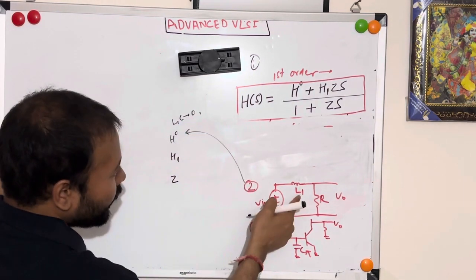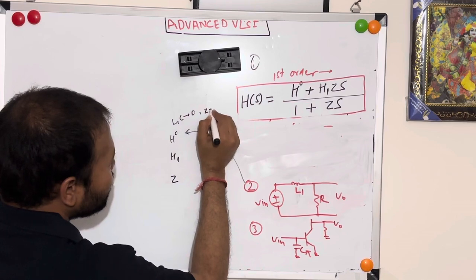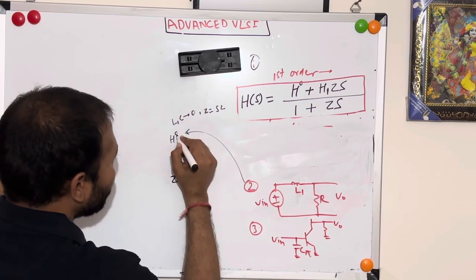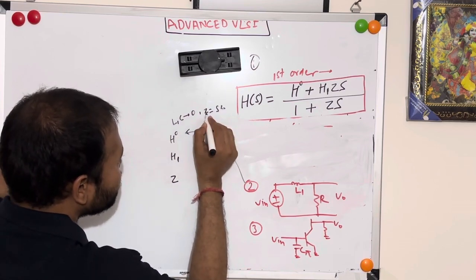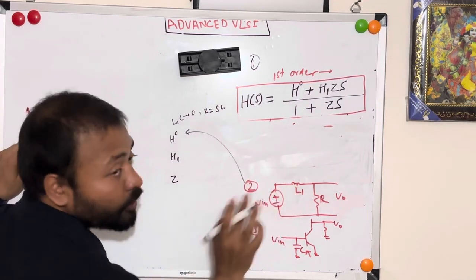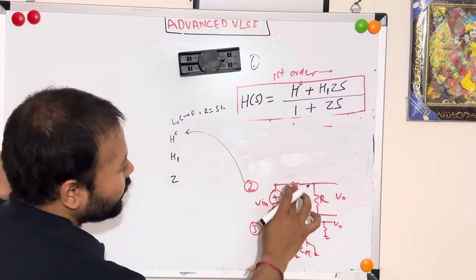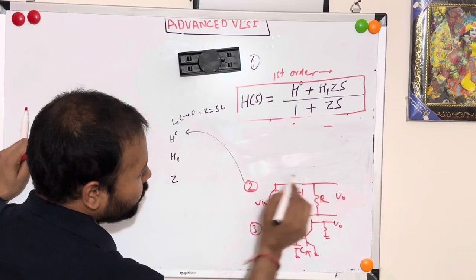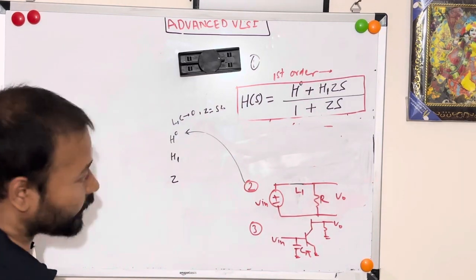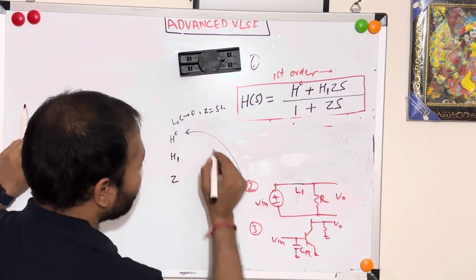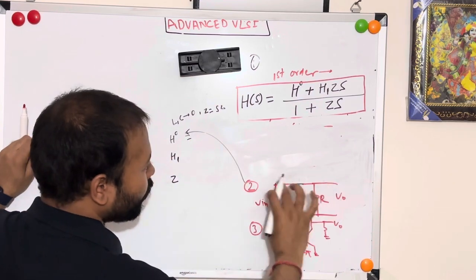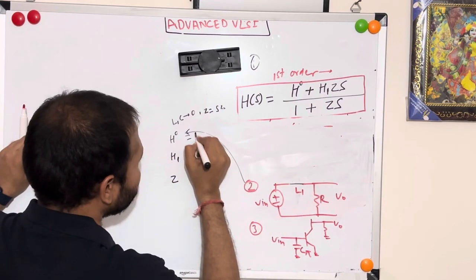Here L is there, so impedance is equal to SL. Then put L is equal to 0. If I put L is equal to 0, then Z is equal to 0, which means short circuit. Then the inductor will act as a short circuit. If this is the case, then V out by V in is 1, because V out is equal to V in.